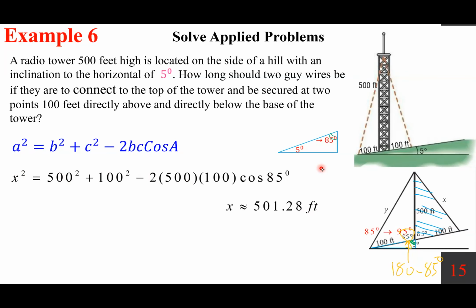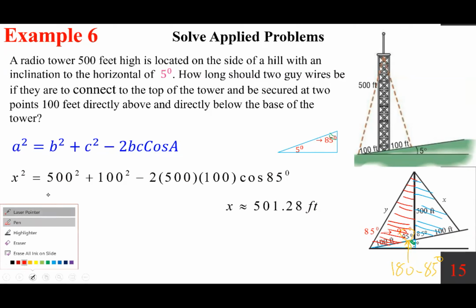To find Y, let me use a different color. Now use this one that is shaded in red. Let's see what's given, everybody. We have this side 100 feet. We have this side 500 feet. We have the included angle 95 degrees.